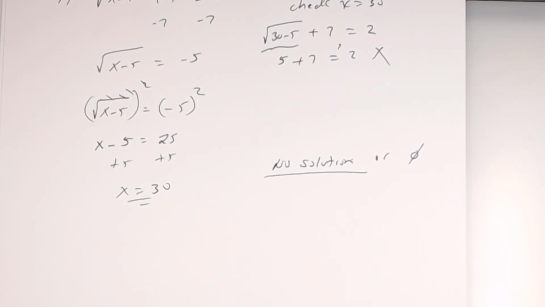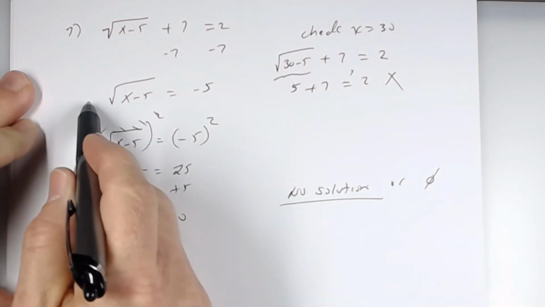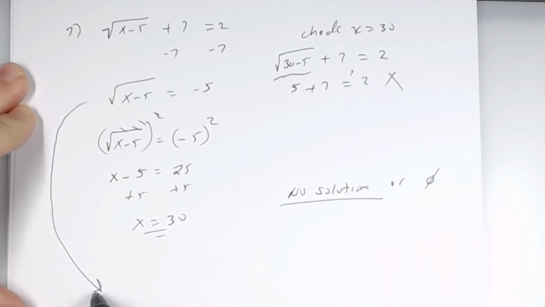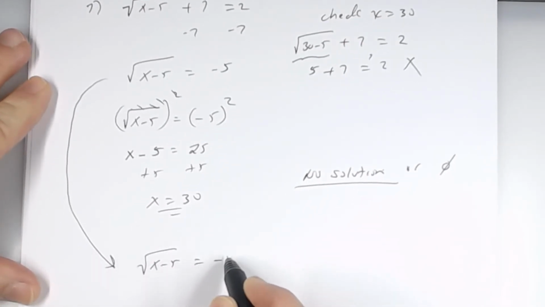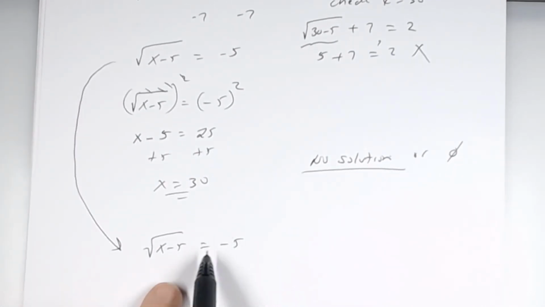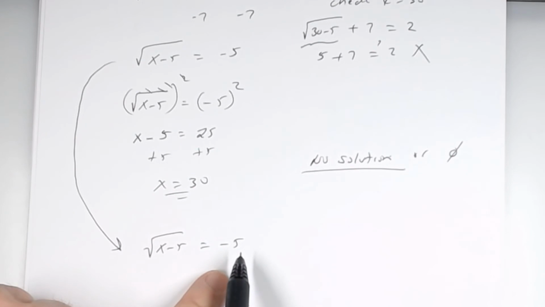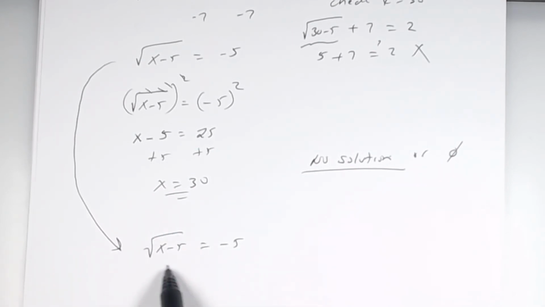Now, one thing I have to remind you. When I came here, I just wanted you to see this. I'm going to go ahead and rewrite this over. Notice in this equation, when I isolate the radical, the number on the other side was a negative number, right? And this is a positive square root right here.